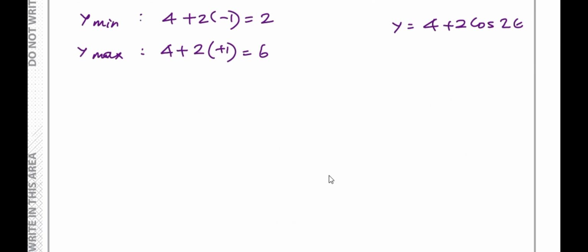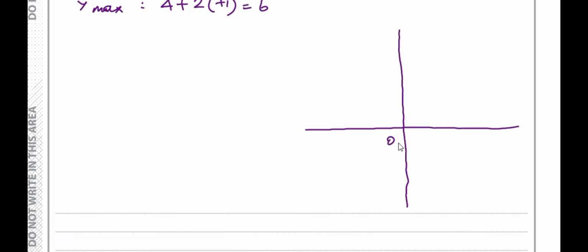Therefore, to sketch the curve now as a final correct sketch for answering the question, let's put this as 0, 0, x-axis, y-axis, put this as 6 here, put this as 2 here, 1 here, and 5 here. Okay, start from here, end here, the top will be here.